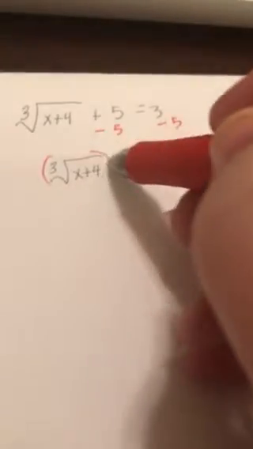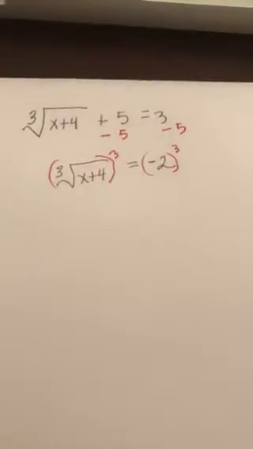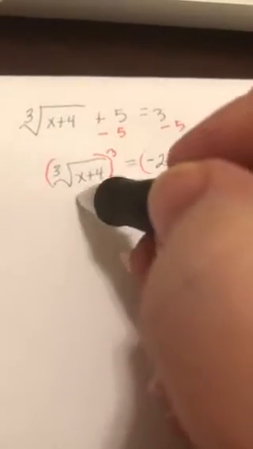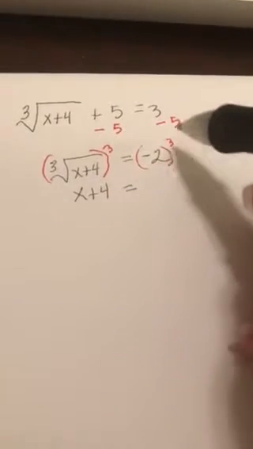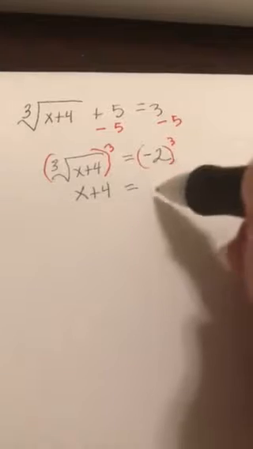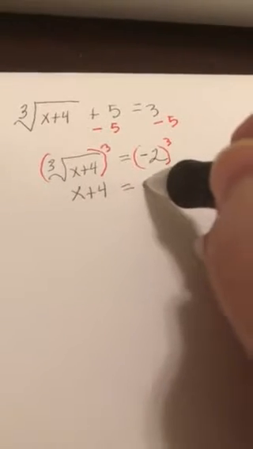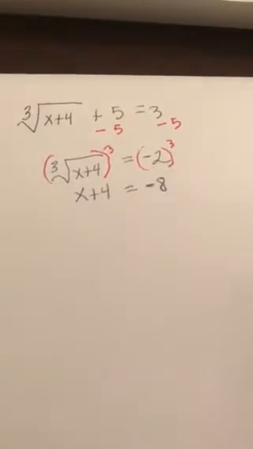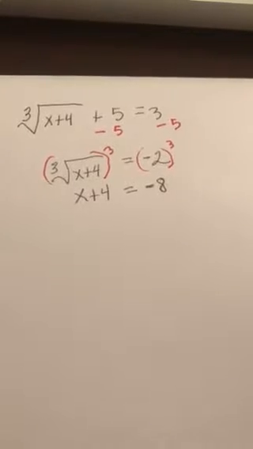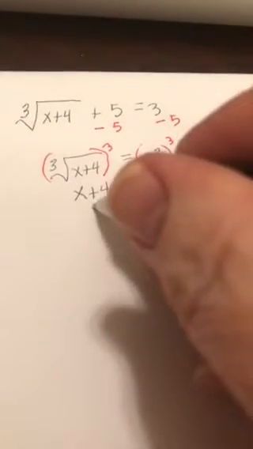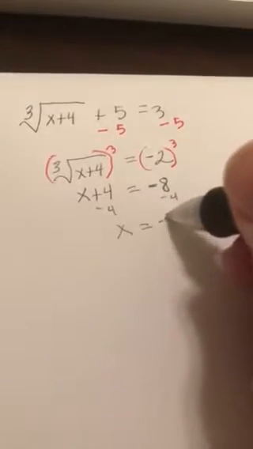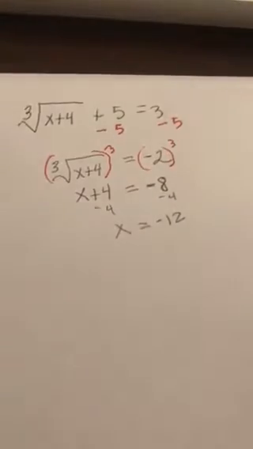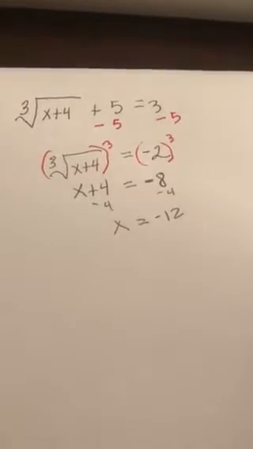So we're going to go ahead and cube both sides of the equal sign. And we have x plus 4 on this side. And then negative 2 to the third power. You can put that in your calculator if you want, but we have a negative 8. And then solve for x. So we'll subtract 4 from both sides to get x alone. All right. So we're saying our answer is negative 12.